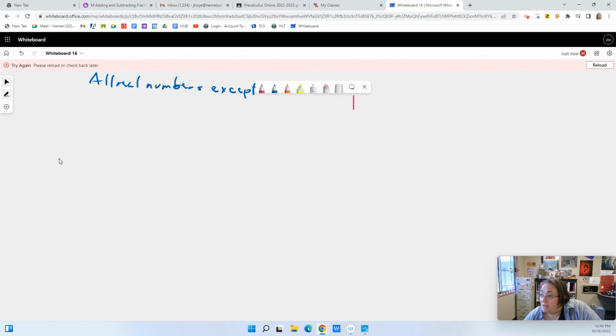So a piecewise function is literally pieces. You'll see f of x equals something like this, with 2 or 3 different equations in it.